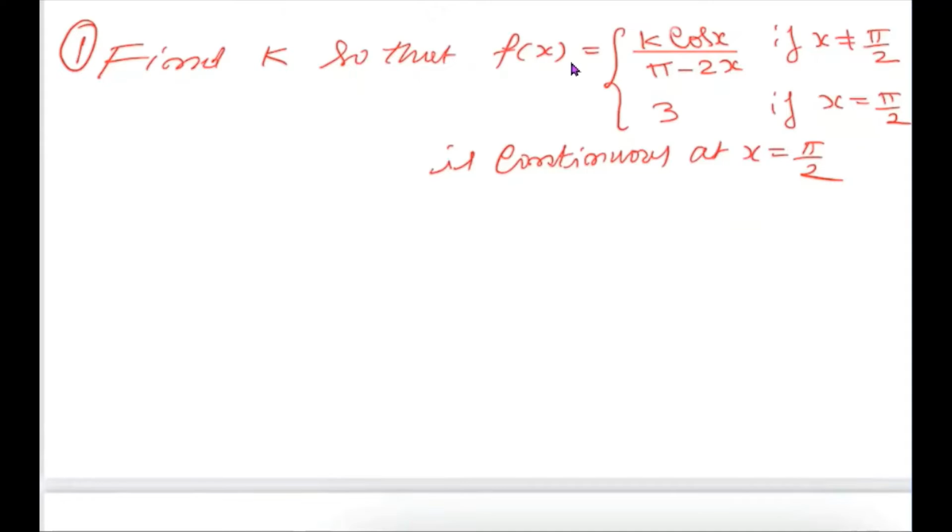Find k so that the function is continuous at x equal to pi by 2. So since the function is continuous at x equal to pi by 2, limit of f of x as x tends to pi by 2 will be equal to f of pi by 2. Here it is given that when x is pi by 2, f of x is 3.